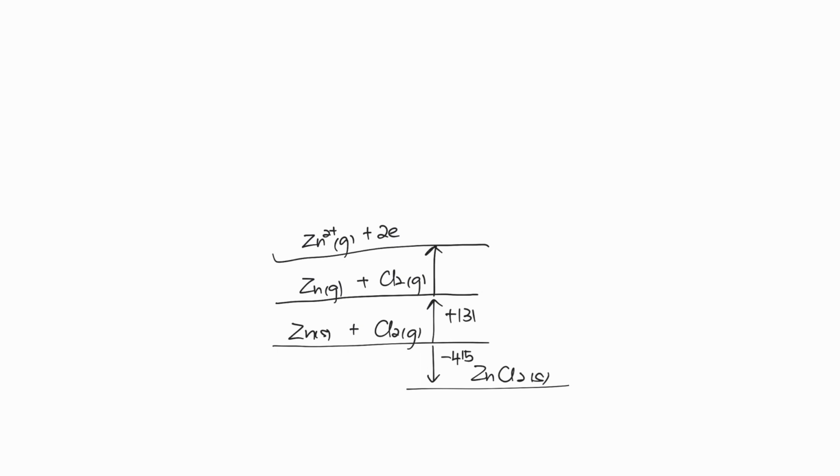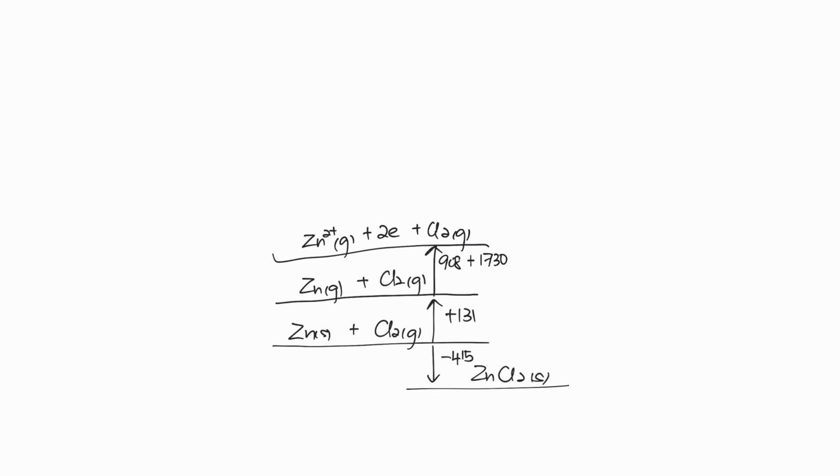So we could make use of one level for these two energies, where it is the first ionization energy of zinc, 908 kilojoules, plus the second ionization energy of zinc, which is 1730. And here chlorine remains unchanged.